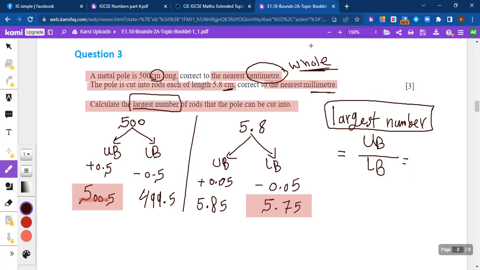So the upper here is 500.5 divided by 5.75.